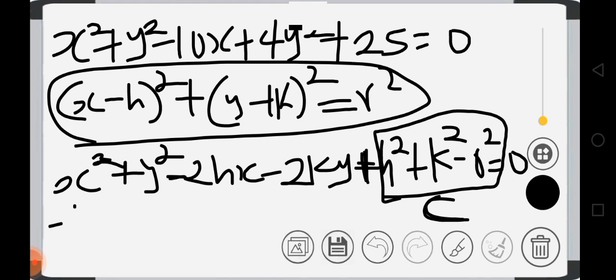Let this minus h be represented by, let's say, g. Then minus k, leaving the 2, be represented by f.